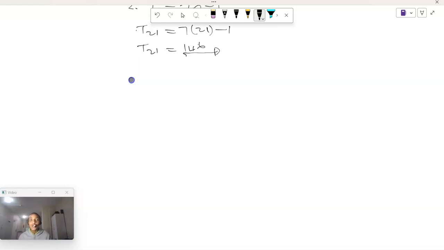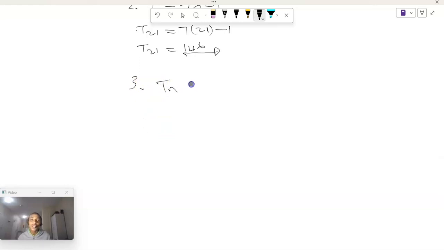That 97 is surely in our sequence, so we just need to find its position.